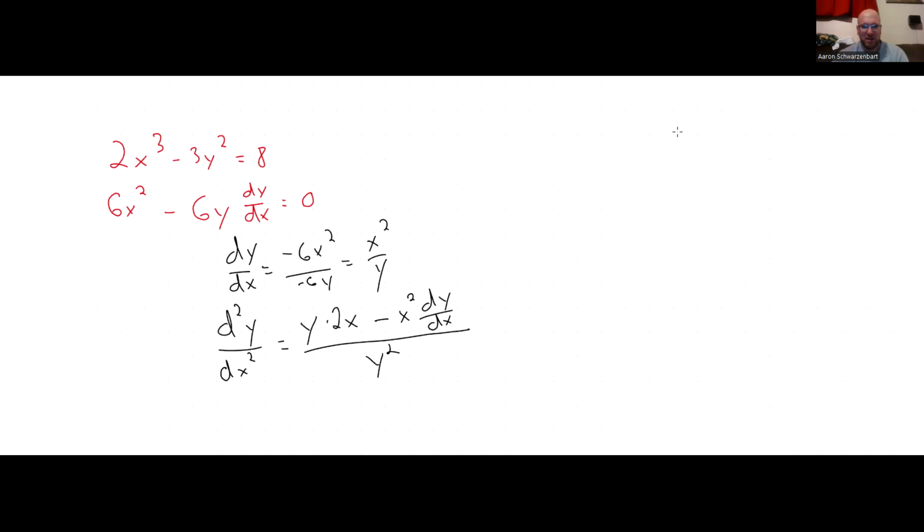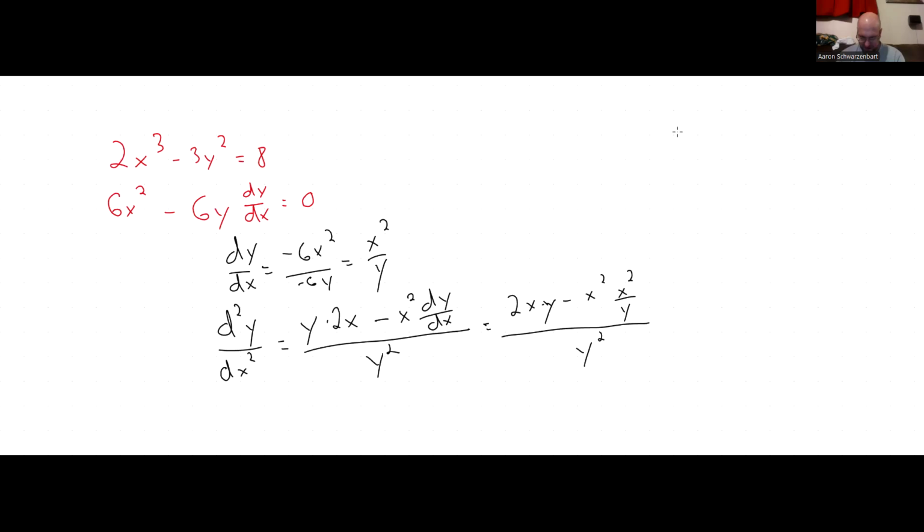I'm not done though. I know what dy/dx is, so I'll simplify a little as I go. Minus x squared times dy/dx, which is x squared over y, over y squared.